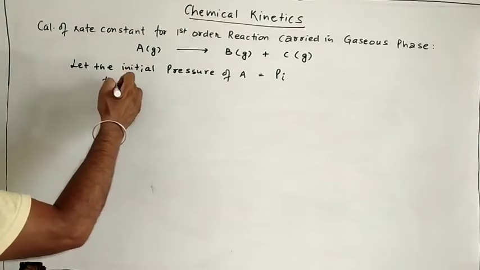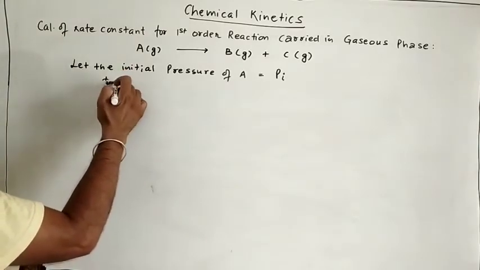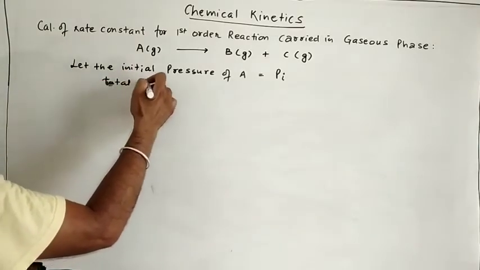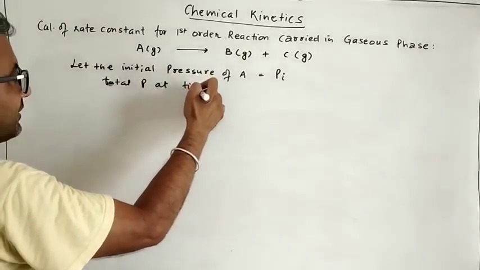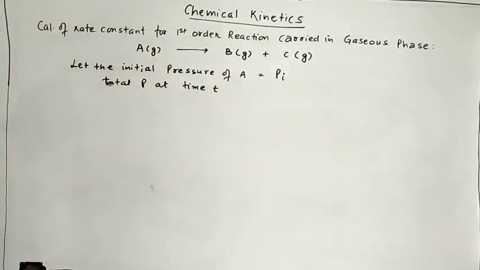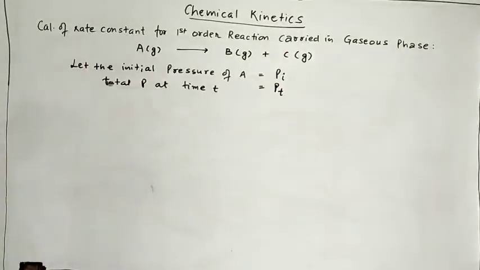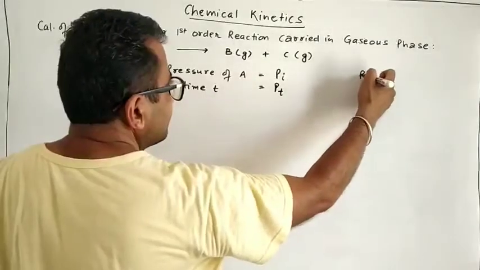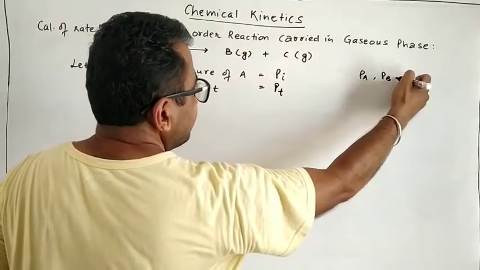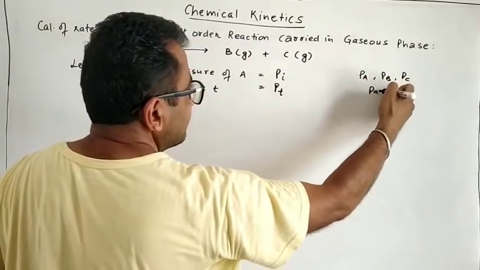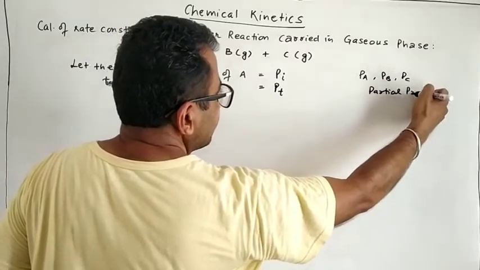Total pressure at time t, say it is PT. So if PA, PB and PC be the partial pressures of the species, so 3 gases, PA, PB, PC, these are the partial pressures.